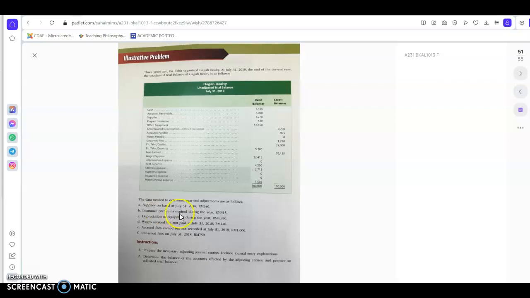So we are going to record the adjustment. It's given here: supplies on hand on 31st July 2018 380, supplies on hand 380.